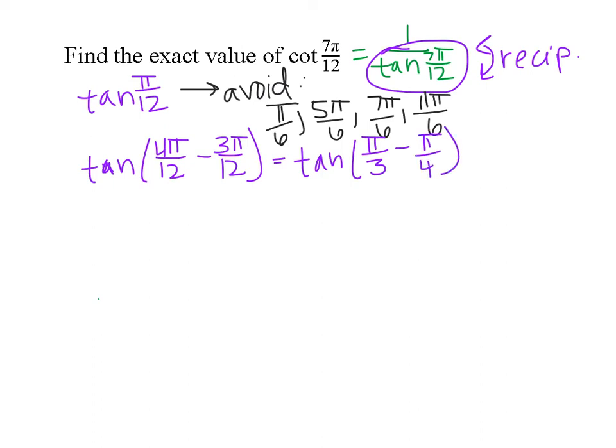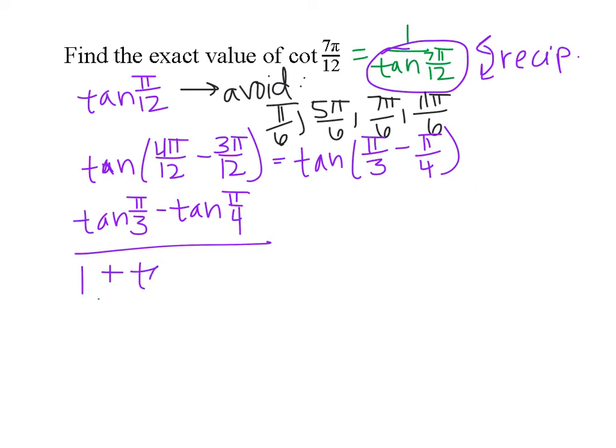And then the identity for tangent: if it's the sum, it's going to be tan plus tan over 1, flip the sign, tan, tan. You're done. So for this one, we're going to have tangent of pi over 3 plus tangent of pi over 4, all over 1 minus tangent of pi over 3 times tangent of pi over 4.